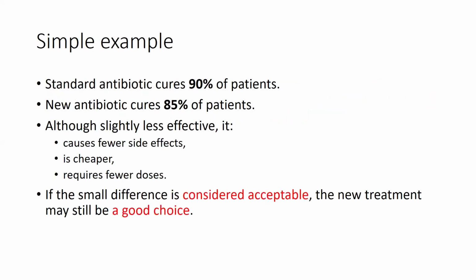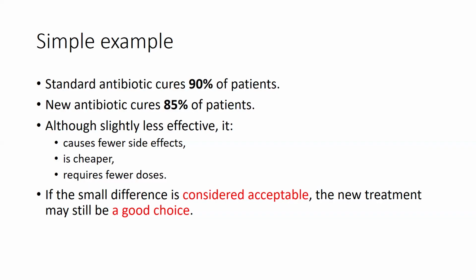Suppose, please see this. Standard antibiotic cures 90% of the patients, but new antibiotic cures 85% of the patients. Standard antibiotic cures a large number of patients, that is 90%. New antibiotic cures fewer patients compared to standard treatment, that is 85%. But why are we using a new antibiotic that cures only 85% of the patients, even if we have a standard antibiotic that cures 90%?